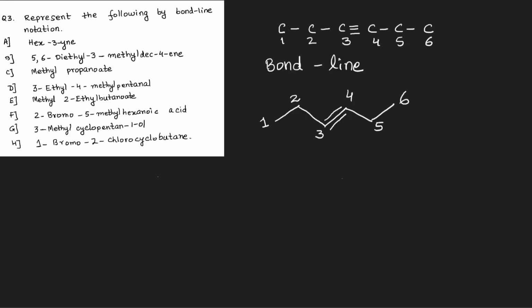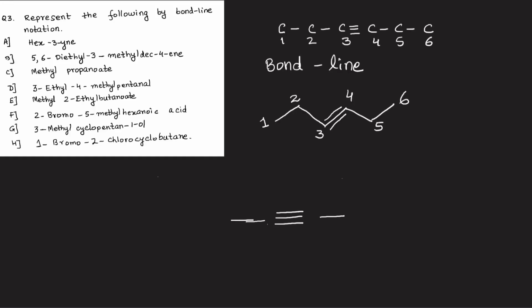In other words, my carbon number 3 and 4 have a triple bond between them, right? So this is my carbon number 3 and 4, and further on they are connected by single bonds. Now as we said earlier, bond line notation means we are not going to show the atoms. So what do I do in order to depict it?